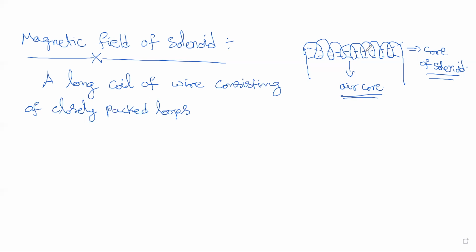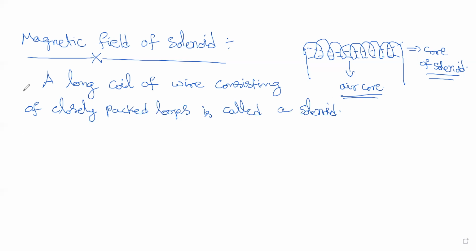That's most important. Very close loops is called a solenoid. So this is what the stuff is.